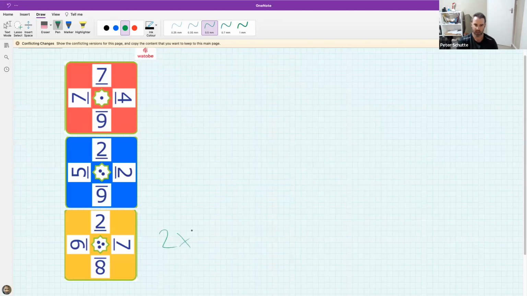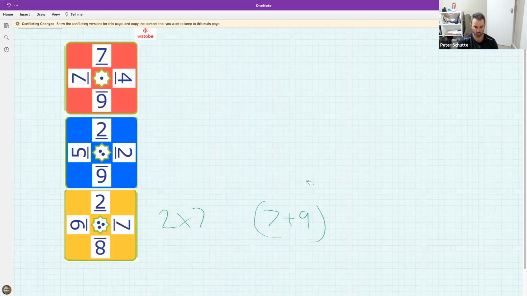So 2 times 7 is 14. Oh, wait. Oh, I see what you're doing. Okay. 7 plus 9 is 16. Then what we have is we have times by 2, which gives me 32, minus 8, which gives me 24. Yes, it does.